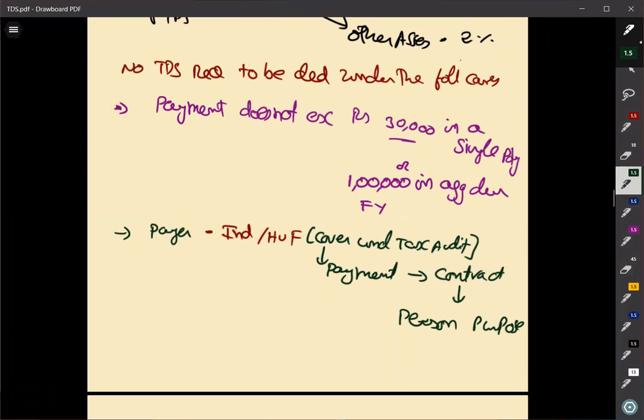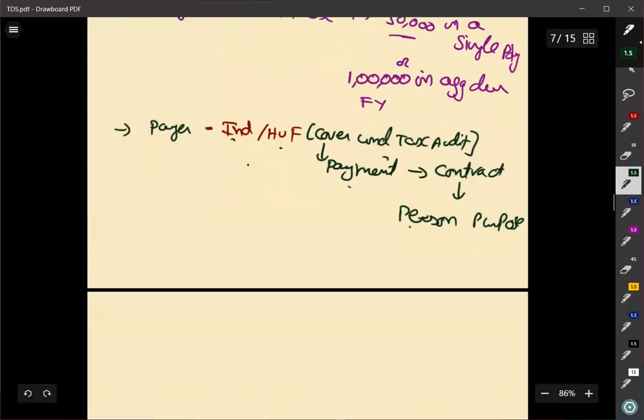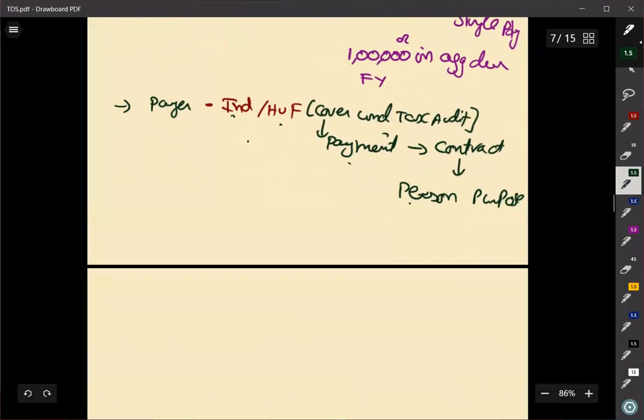So whenever the contract is taken for a personal purpose, even if the individual or HUF is covered under tax audit, as the contract is not for his business purpose, 194C says no need to deduct any tax.